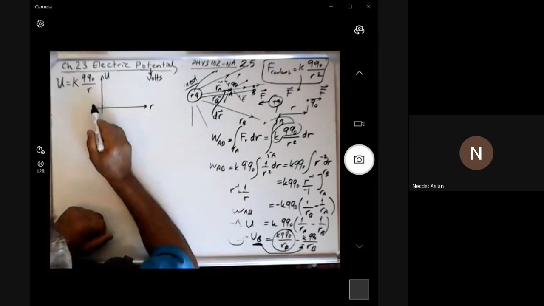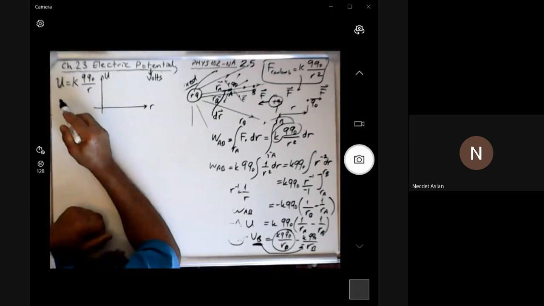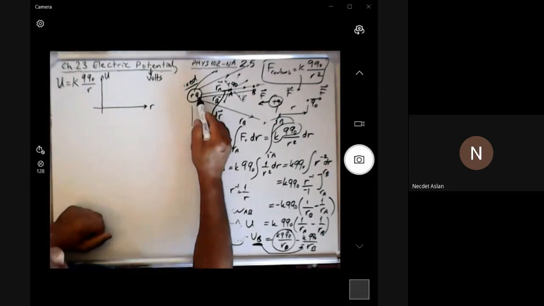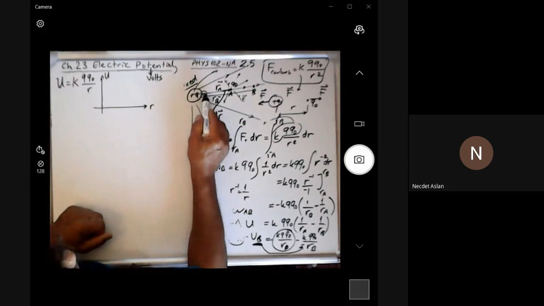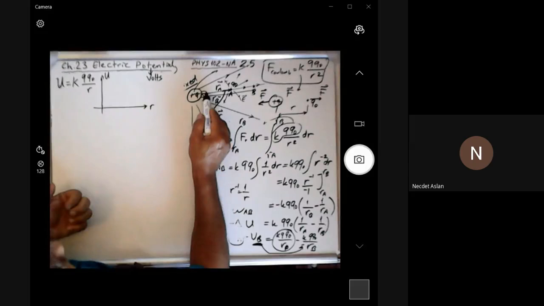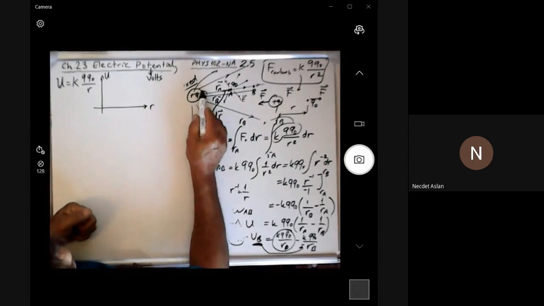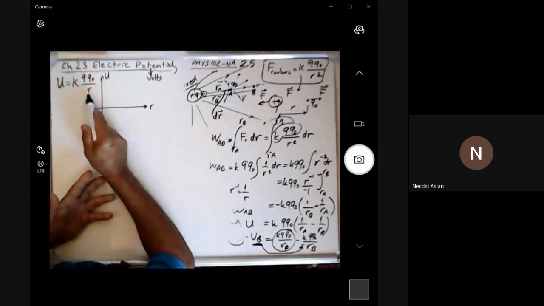But when R gets closer to zero, the potential energy blows up. So it's like a singularity. However, that's not the case, because these charges have some sizes, and the distance between them, which is always measured from their centers, will never be zero. When they touch each other, there will be a smallest possible distance, because they have some sizes. So don't worry about R being exactly zero.